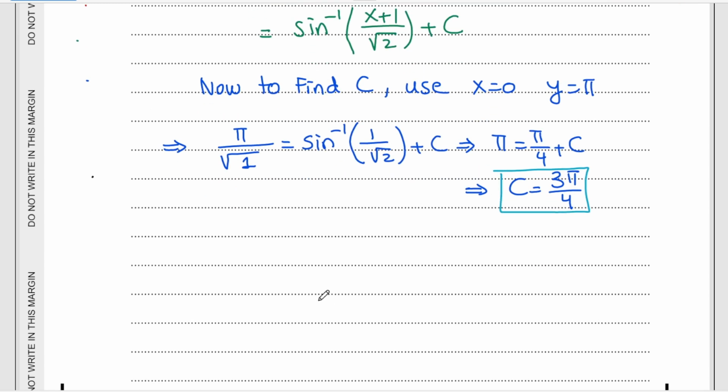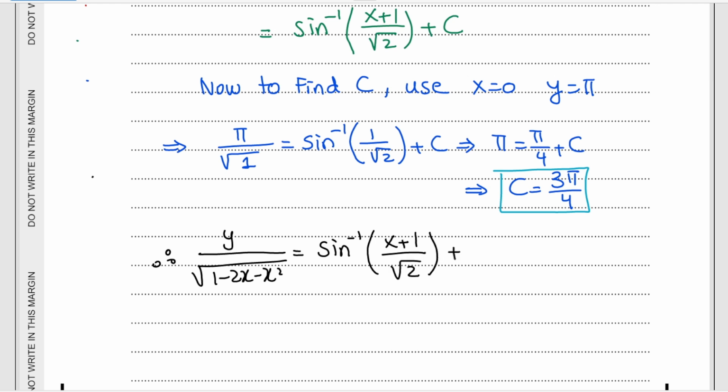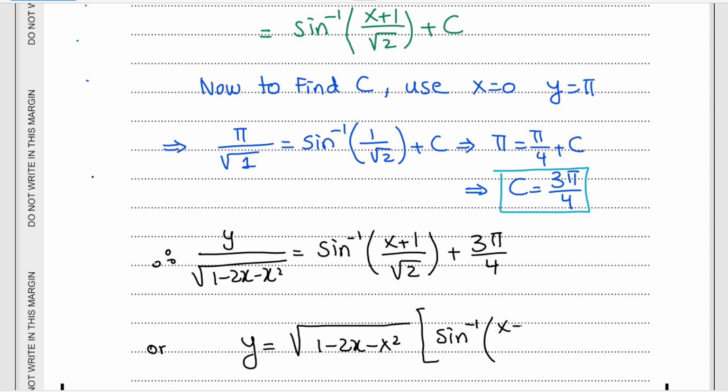Now substitute c back in the equation. I get y over √(1 - 2x - x²) equals sin⁻¹((x + 1)/√2) plus 3pi/4. Or isolate y and multiply the whole equation by √(1 - 2x - x²). So I get this final answer.